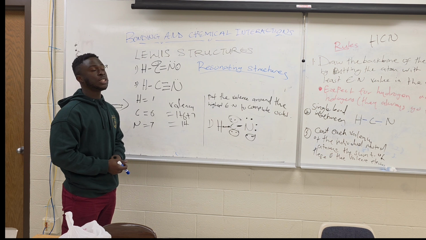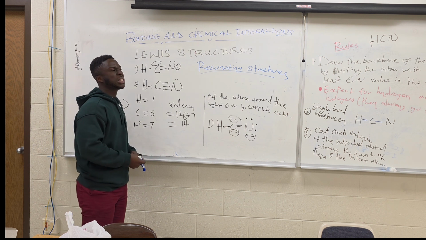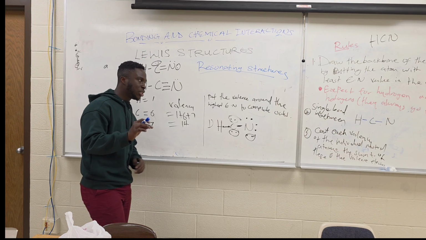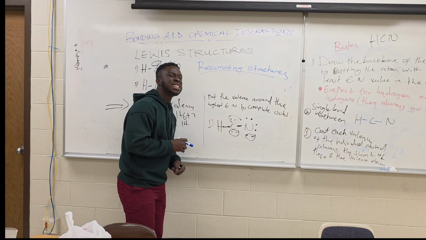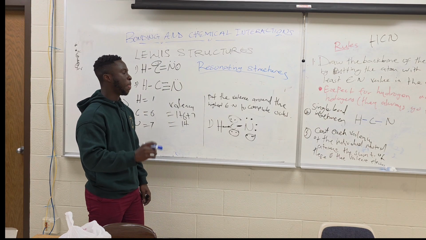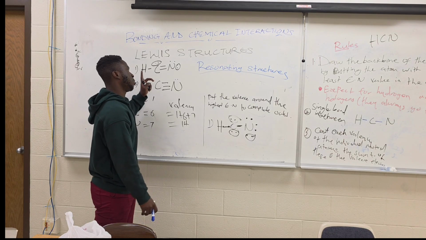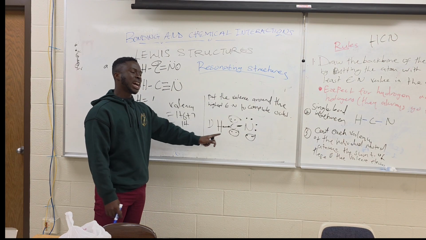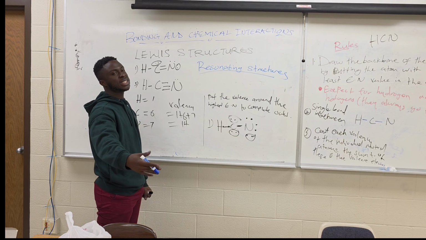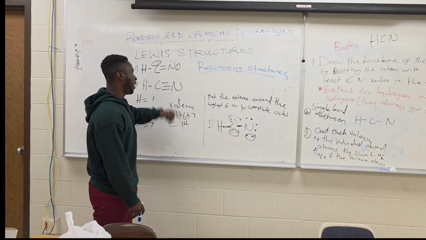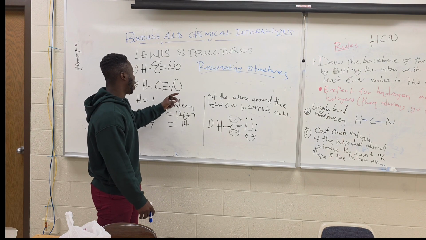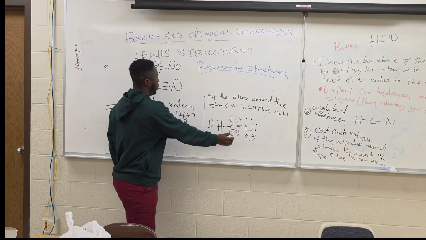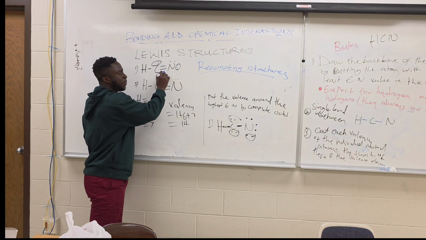Resonating structures are defined as having the same bond connectivity. Hydrogen is bonded to carbon, carbon is bonded to nitrogen in each case, right? They have the same bond connectivity, but differ in the arrangement of the valence electrons, or the bonding electrons. So in this case, the bonding electrons are arranged in different ways.